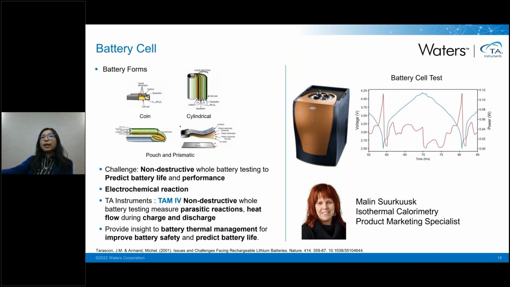You can measure the electrochemical reaction during the process, the parasitic reaction, and the heat flow change during charge and discharge. Marlene will give you a little more detail on the TEM system and how to apply it to battery cell testing.